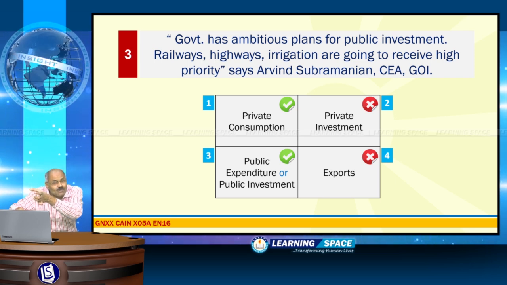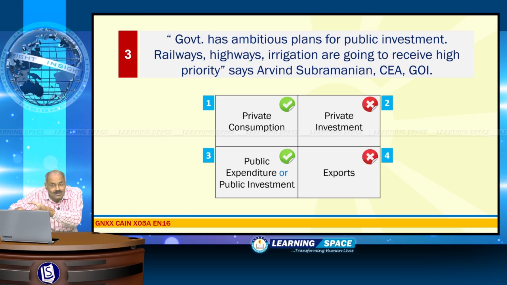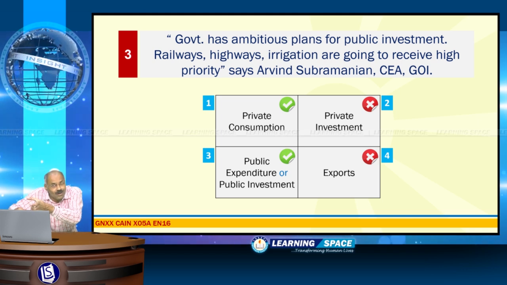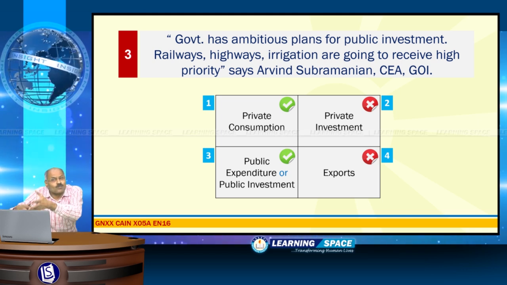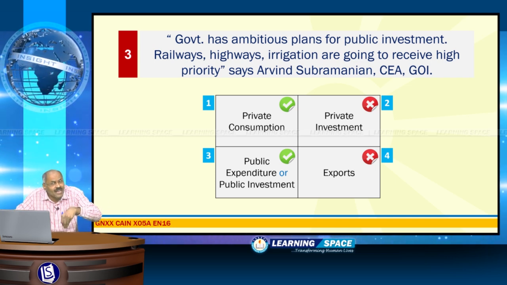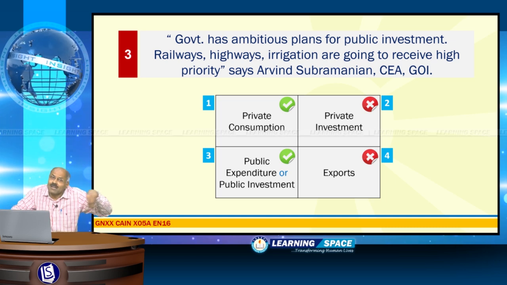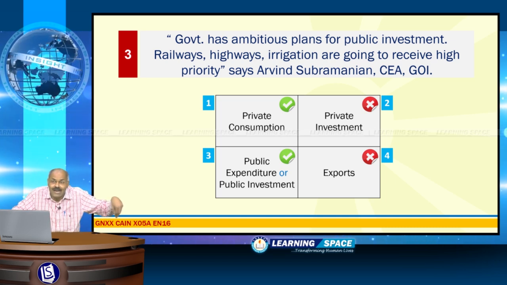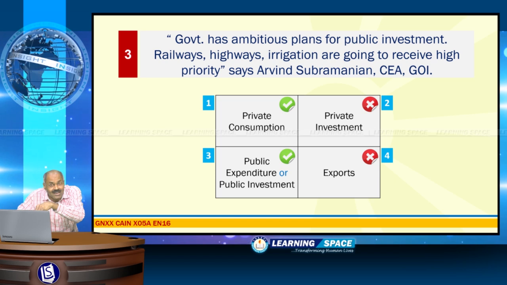Private investment and exports, these two are the worst performers during the past several months. Exports, if you look at it during the year 2015-16, have fallen by around 17 to 18% in comparison to last year, and private investment is also not taking off.